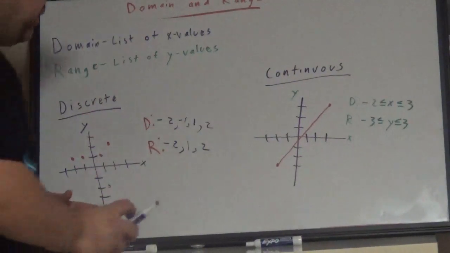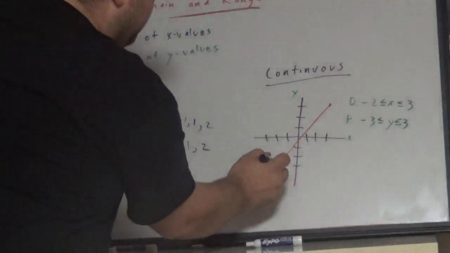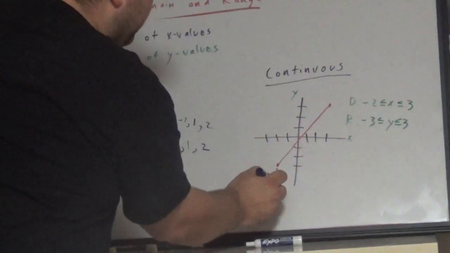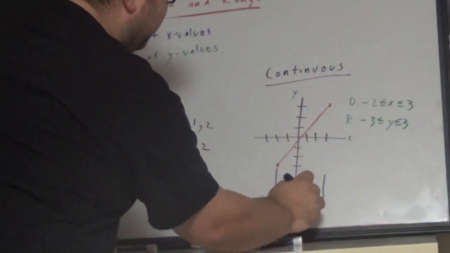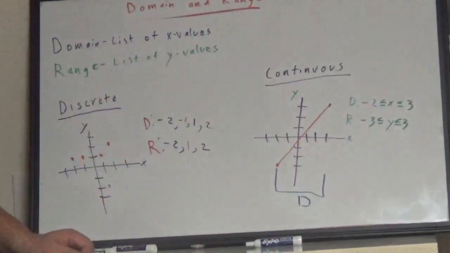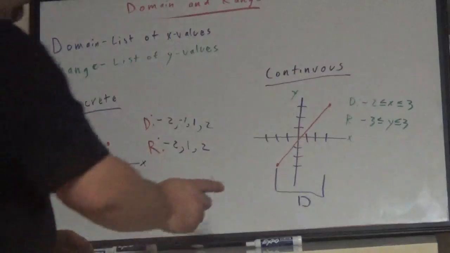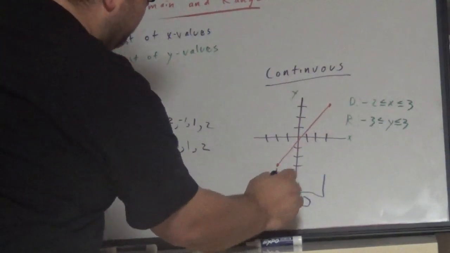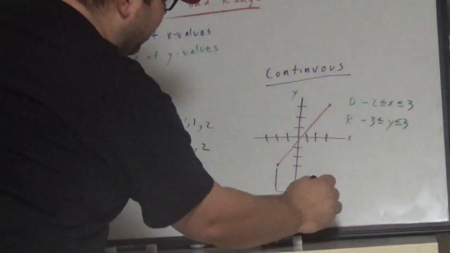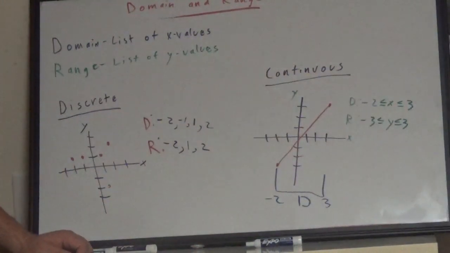Last thing, just to help you visually with this, one thing that I found can sometimes help students is to visualize the domain and range. So here's the domain. The domain is stretching from negative 2 to 3. And it can help sometimes to draw a visualization of it.